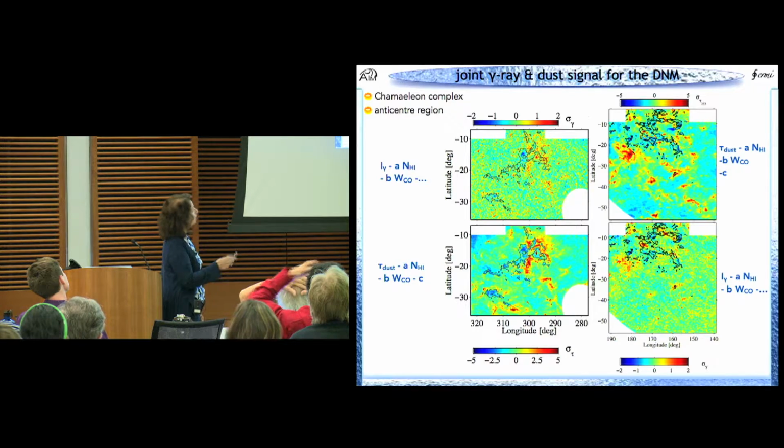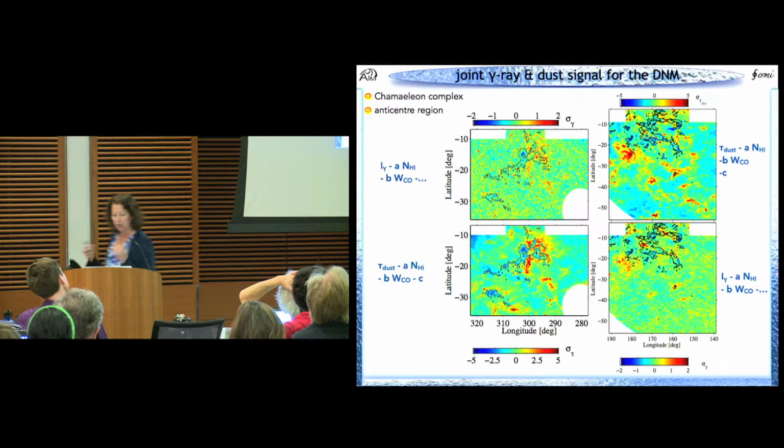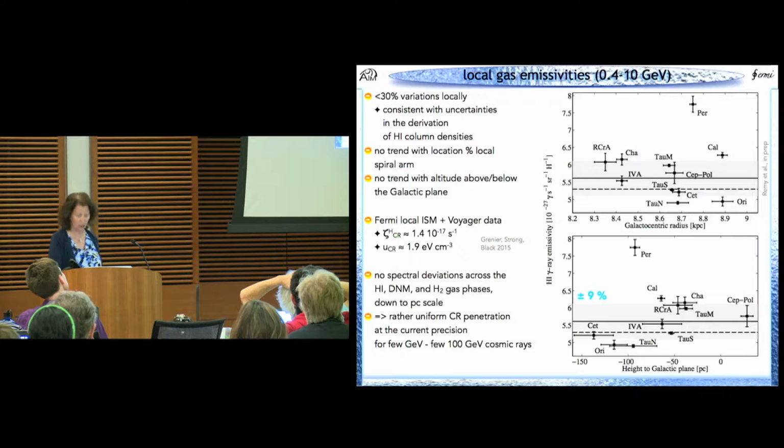But essentially, where you have red, you have positive residual, something that is over-emissive in dust or over-emissive in gamma rays, and there's a very good spatial correlation between the two.